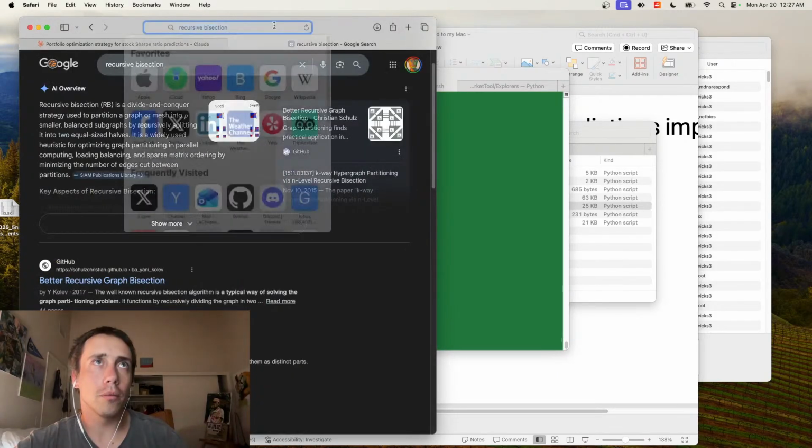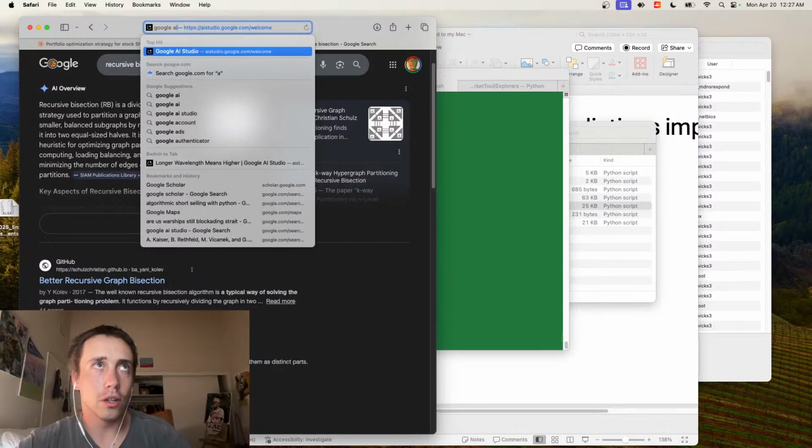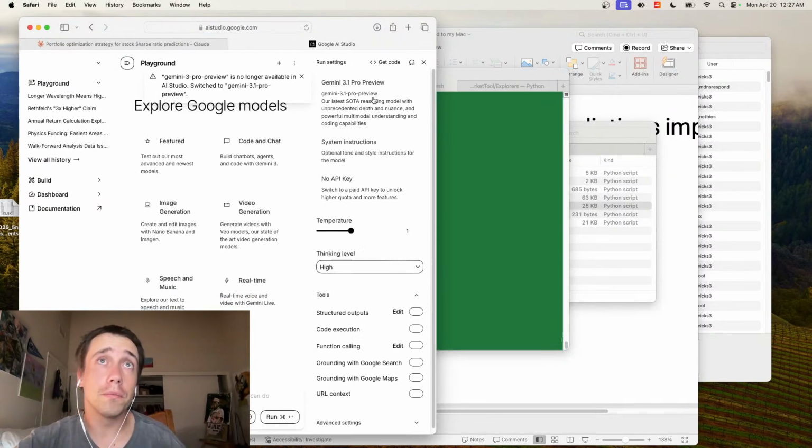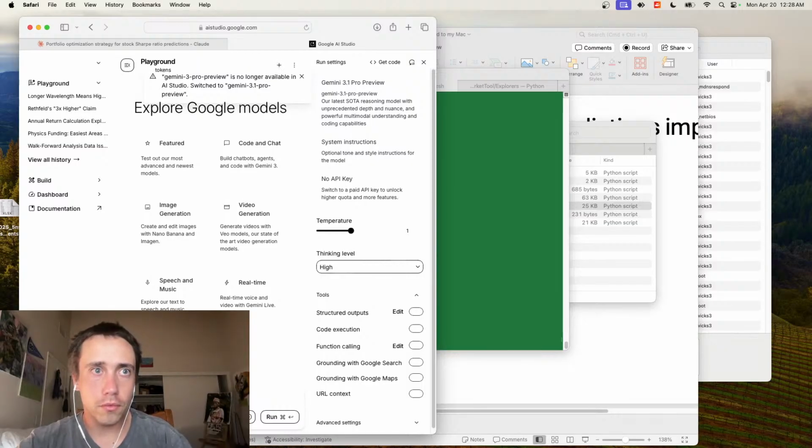Alright, actually I could pop over to Google AI Studio and let's go to Gemini Pro. Alright, so I have this code which uses, oh, let me switch to my other user.